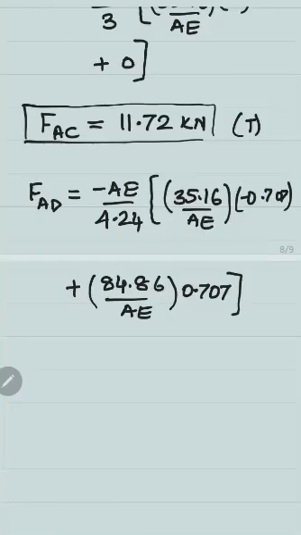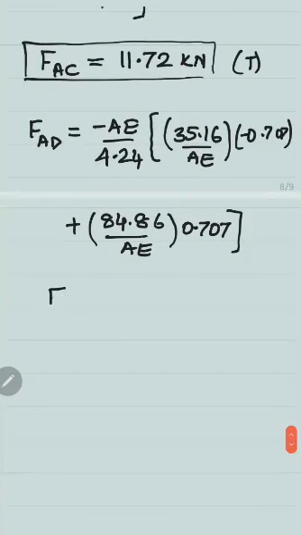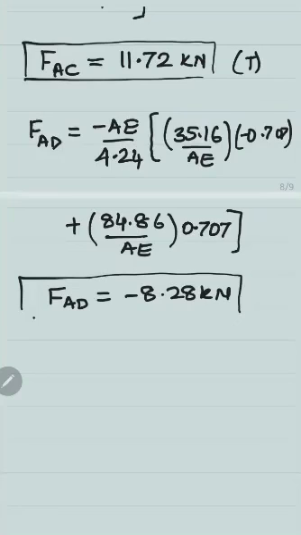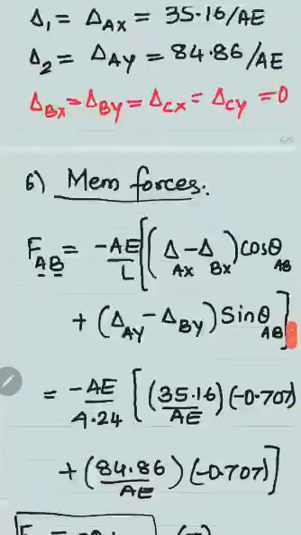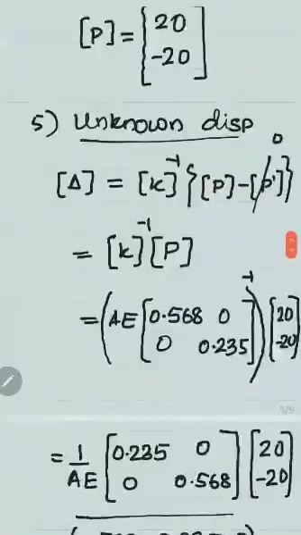Now FAD will be equal to minus 8.28. You are getting negative, so this is compression. Clear? This is how you can calculate the member forces by matrix stiffness method using system approach.